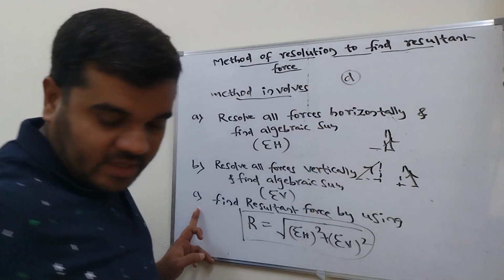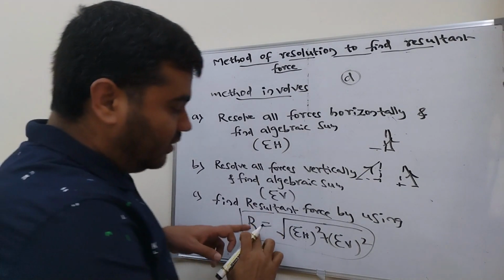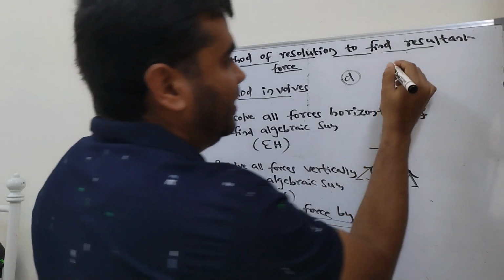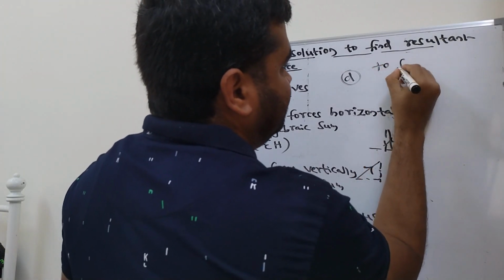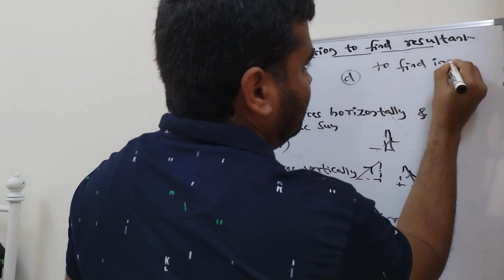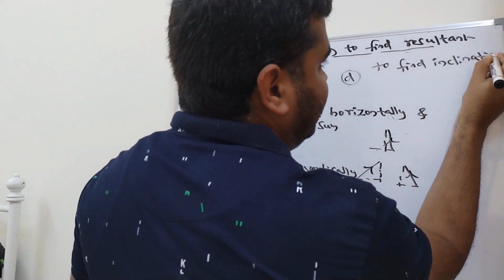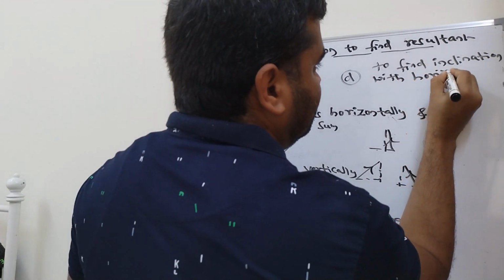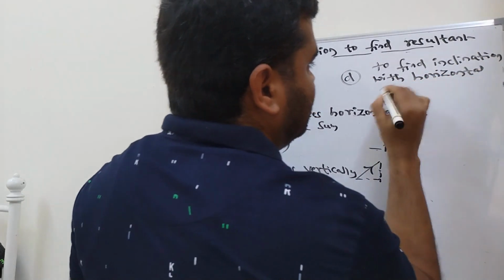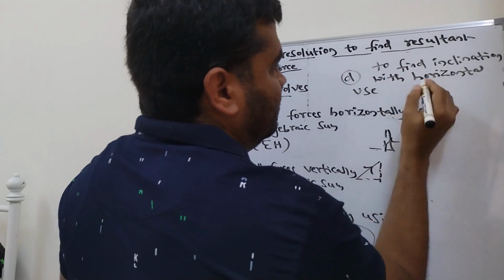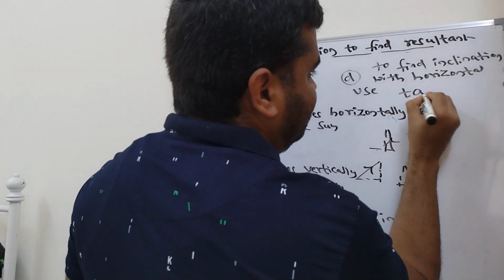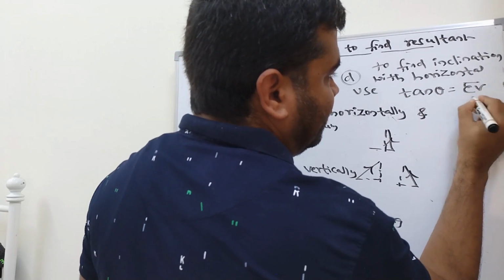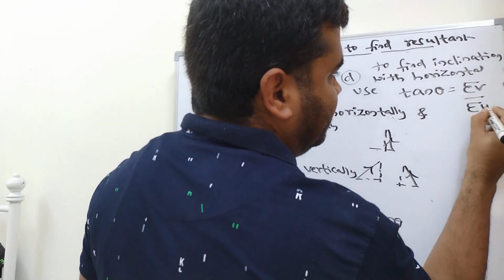The next point is, if you want to find the inclination of the resultant force with horizontal, use the formula tan theta equals summation of V, the total vertical components, divided by summation of H, the total horizontal components.